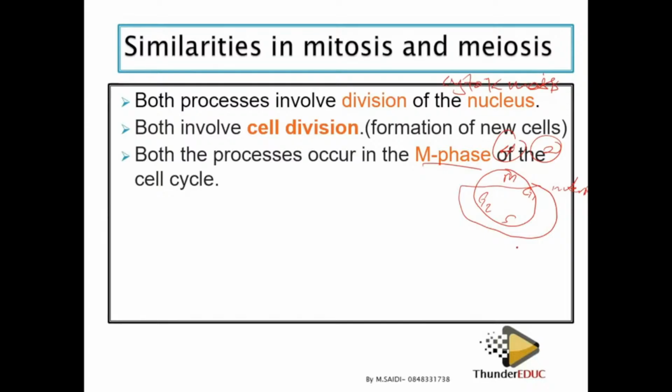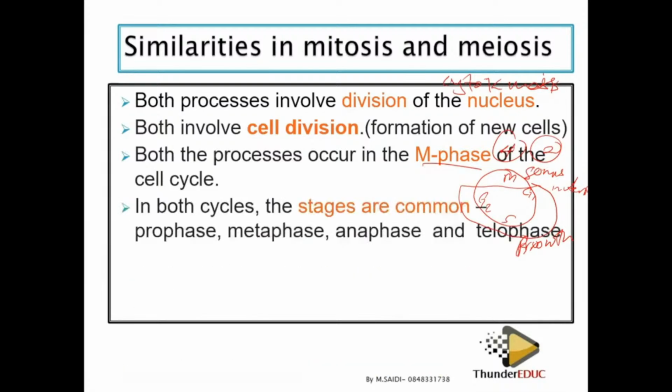I can call this the growth phase: growth 1, synthesis, growth 2. And then this is where the real division takes place. Actually, it takes around 80 minutes for it to happen, while interphase takes the remainder of the 24 hours.